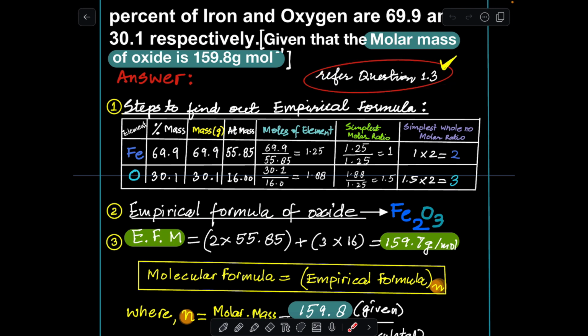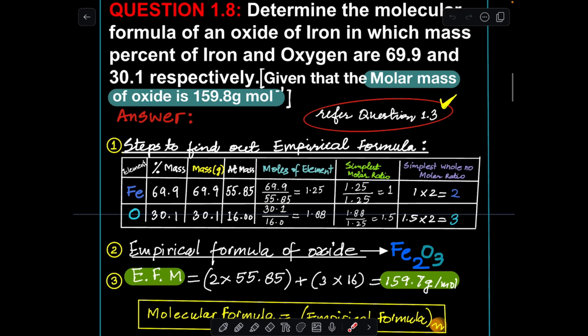Here again I am repeating briefly how to find the empirical formula. In the question, they have given you the mass percent of both the elements present in the oxide. This mass percent we will convert to mass in grams by supposing that we have 100 grams of oxide.